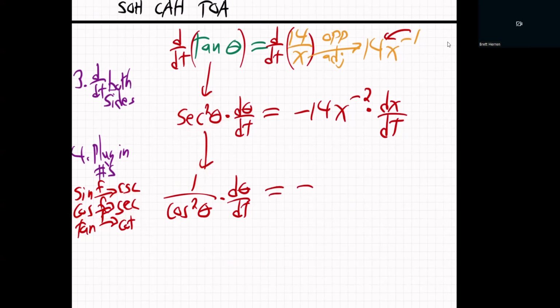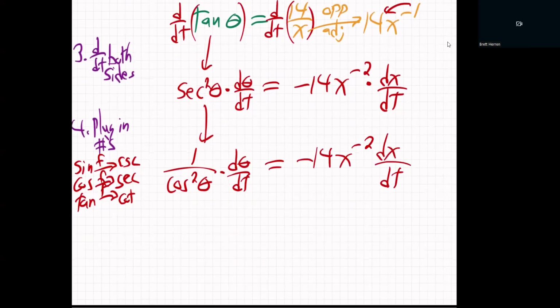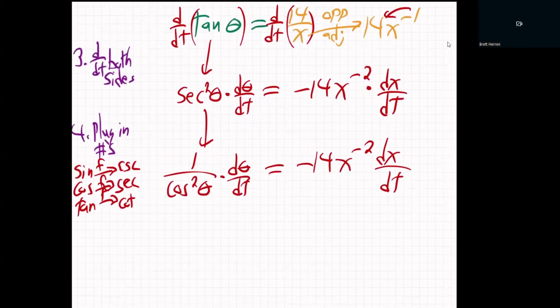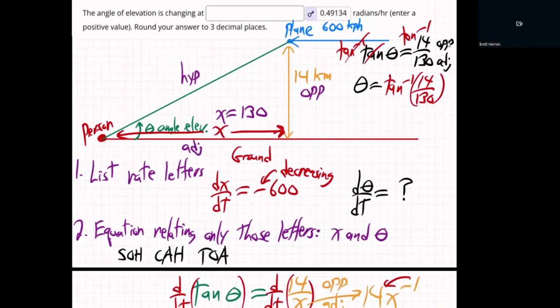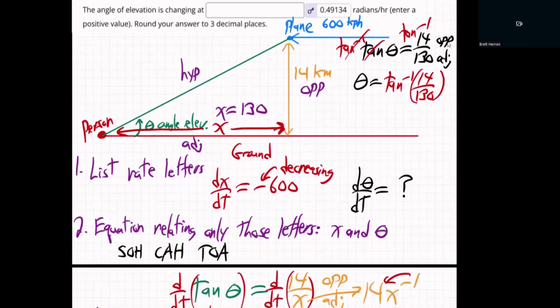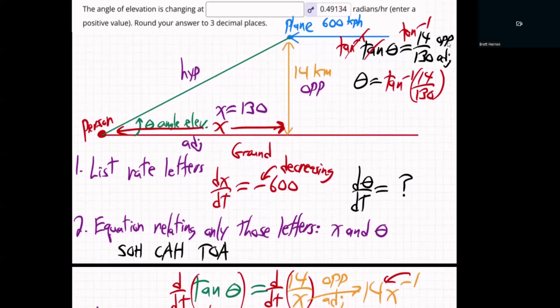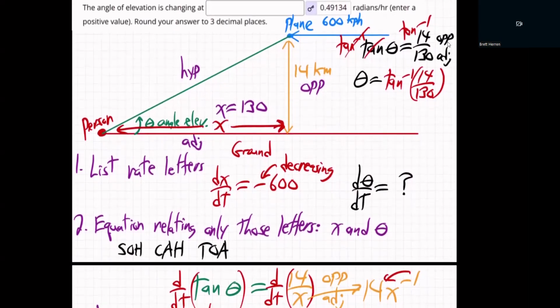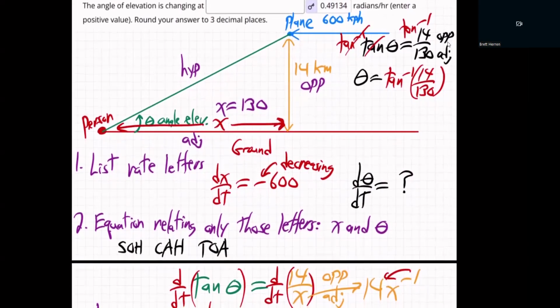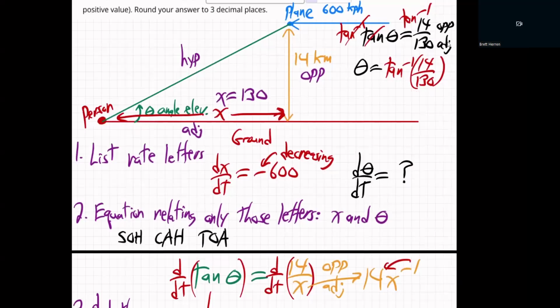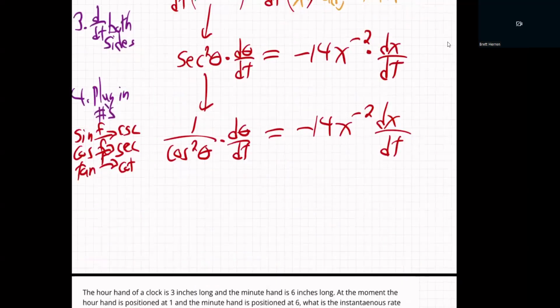And let me just rewrite this stuff. Okay, so, what are we gonna do? It's a bit of a pain, but we can do it. So we've got this theta is inverse tan of 14 over 130. It's a little bit ugly. Need some more space here.